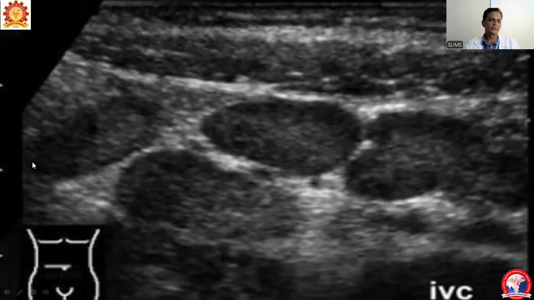There are multiple enlarged lymph nodes, and this intervening thing is fat. So basically on ultrasound images, these are the lymph nodes. In the pediatric age group, they are commonly seen in normal situations also. Some amount of lymphadenopathy will be there.